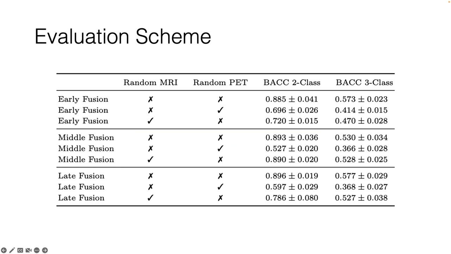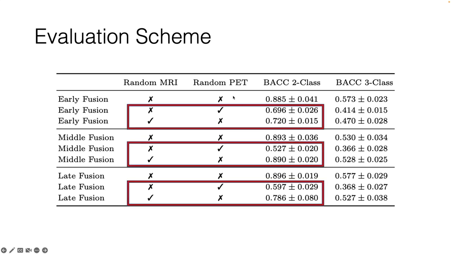And then next, within early fusion specifically, we see larger drops once we start introducing randomized data into the training, which is expected since early fusion relies on the combined volume between MRI and PET, like we saw earlier. Rather than using two 3D ResNets, we use that single branch and a combined input.